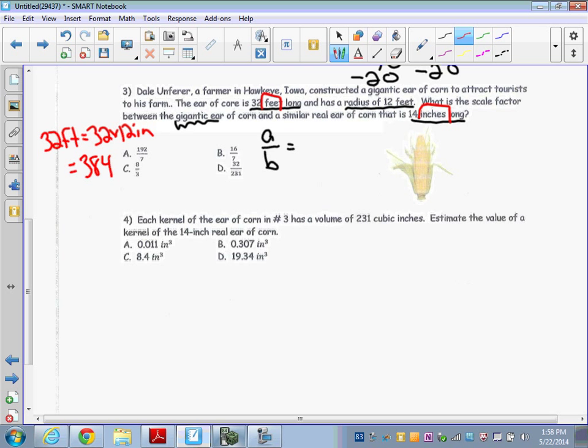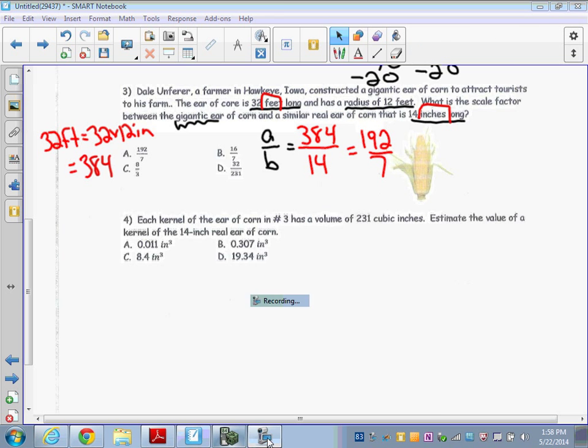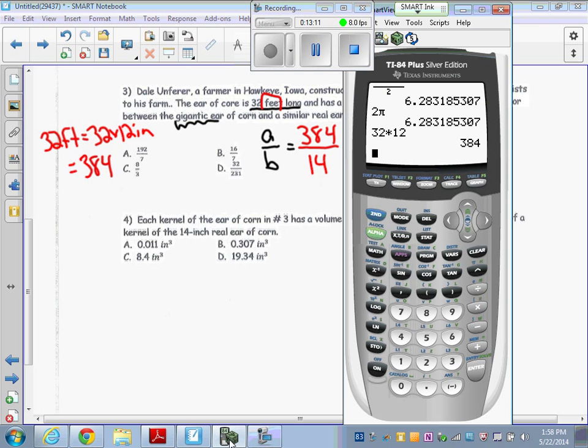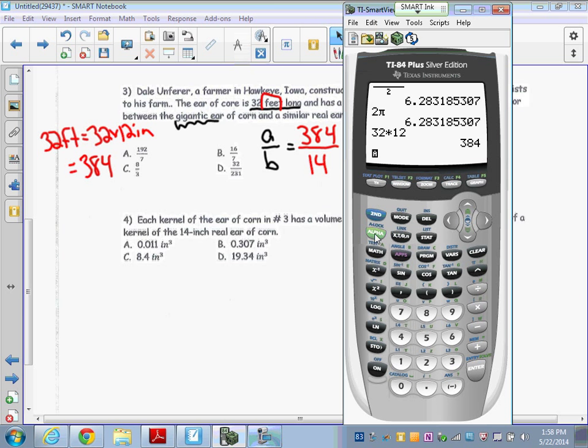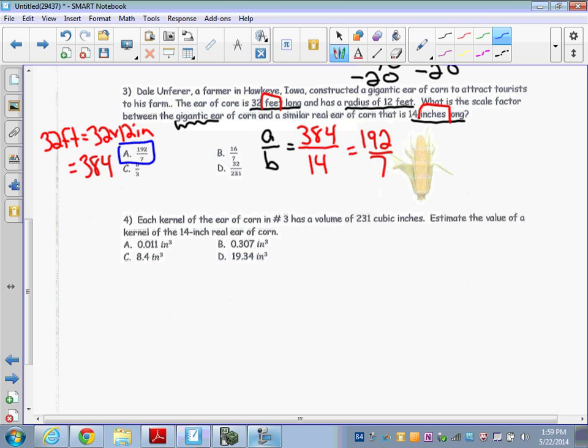So that means I'm going to have 384 over 14. And that'll simplify to 192 over 7. So remember, if you're unsure how to do that in the calculator, you do alpha y equals, enter, and we type in 384 over 14. And it'll give us our final answer, 192 over 7.